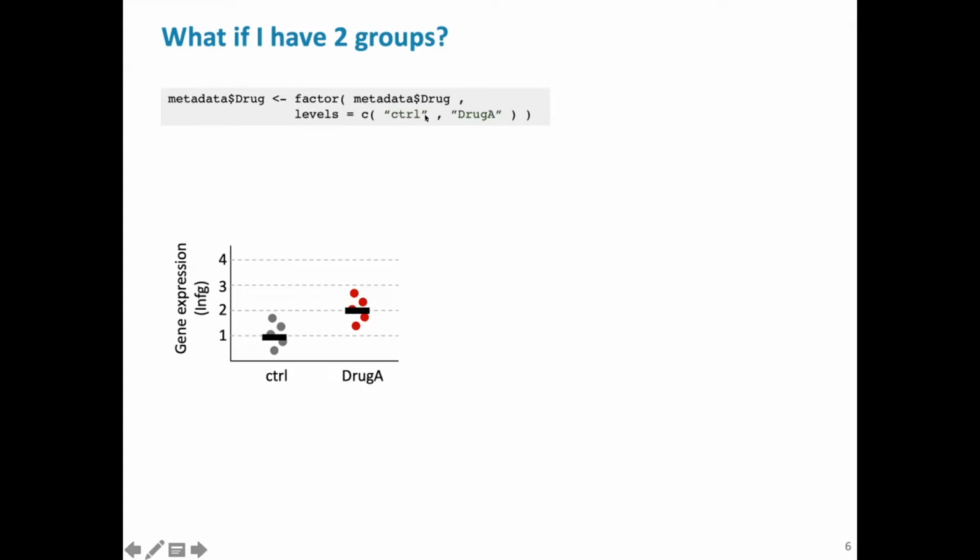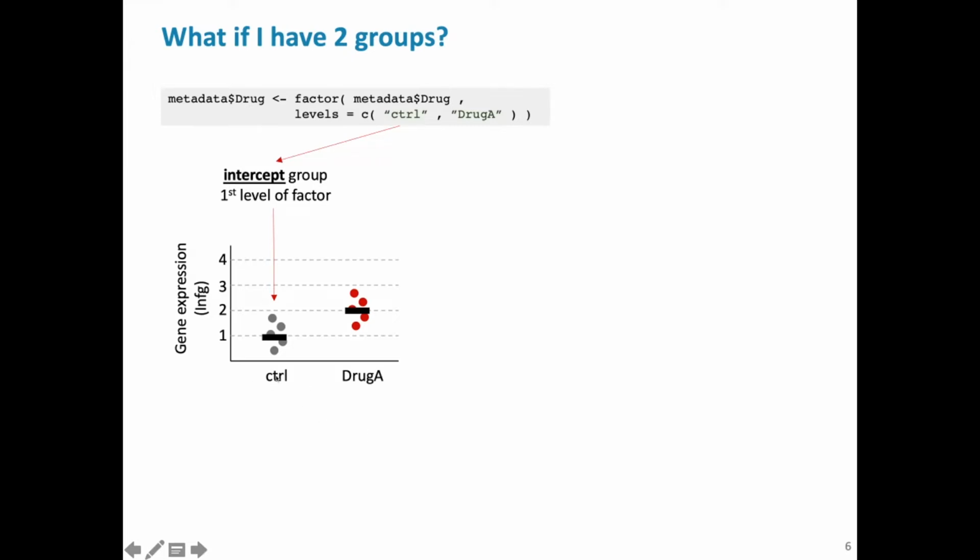So this control and then drug A, but you can see that this one will be called what is named an intercept. So all the other groups will be compared to the first group that you define in your factor. And that's what Roy was mentioning in his lecture. So this should always be the first level of the factor, the group that we're comparing to, or like the baseline.